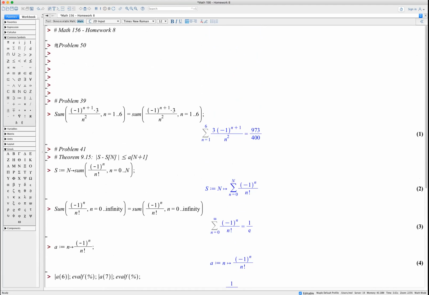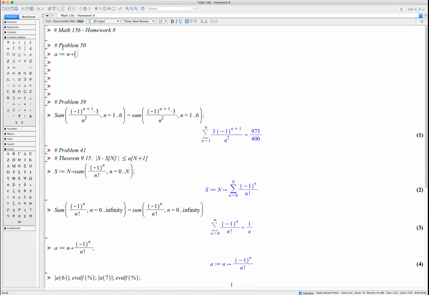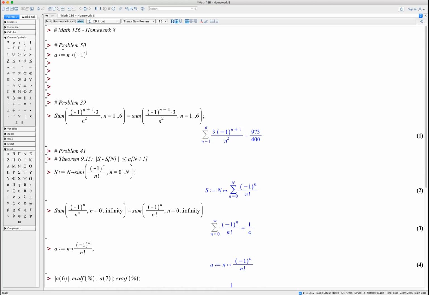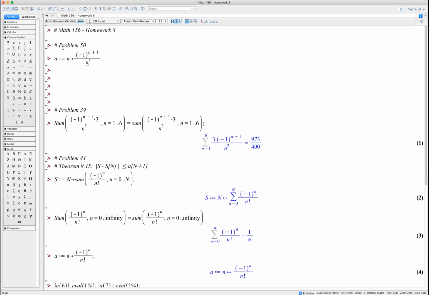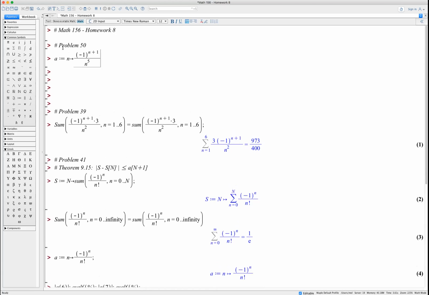So for problem 50, we have a series where the nth term is plus or minus 1 over n to the 5th. So let's say we let a be the function n goes to minus 1 to the n plus first power divided by n to the 5th.